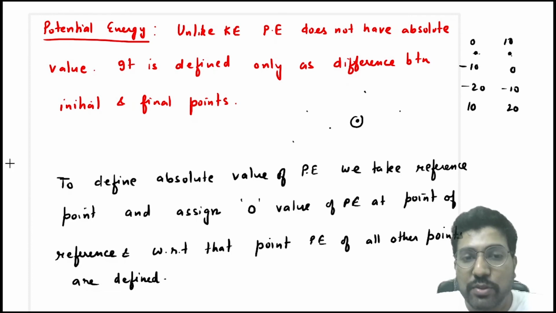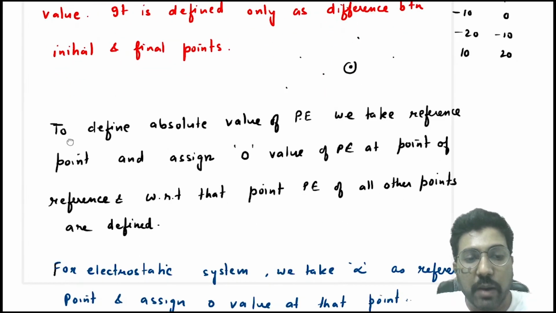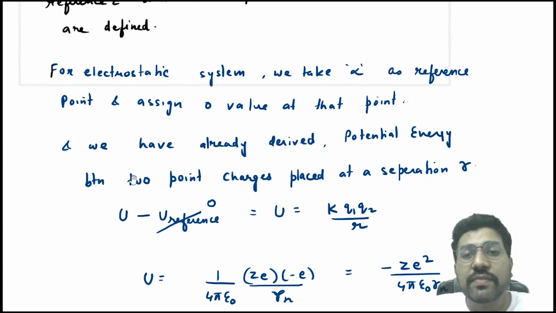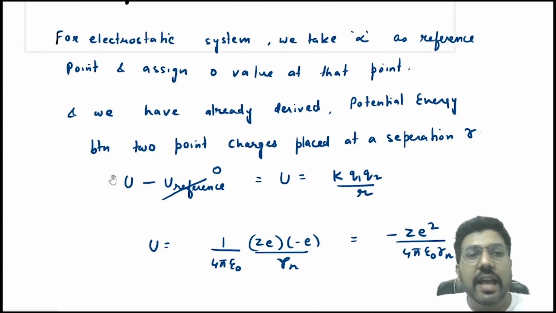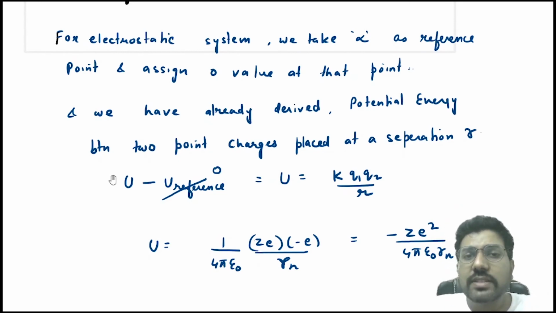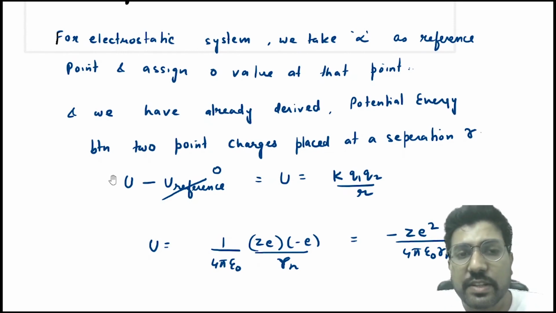This becomes an absolute value. For an electrostatic system, we take infinity as the reference point and assign zero value at that point. I have told you why we take infinity as the reference point.